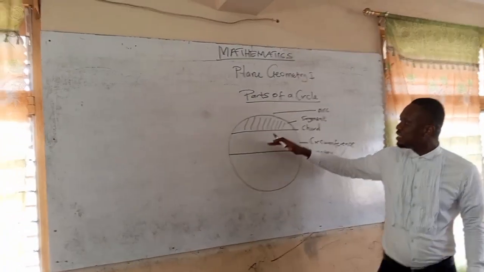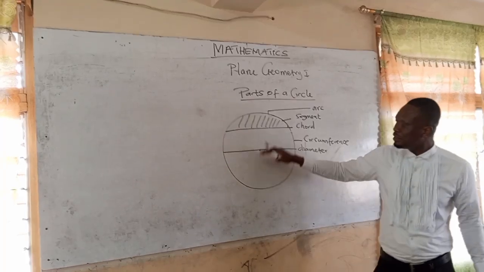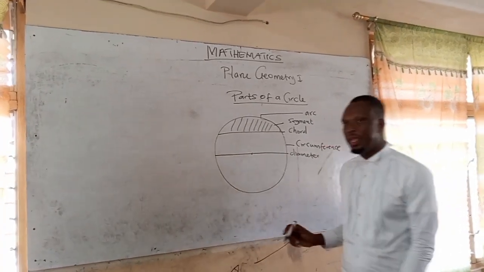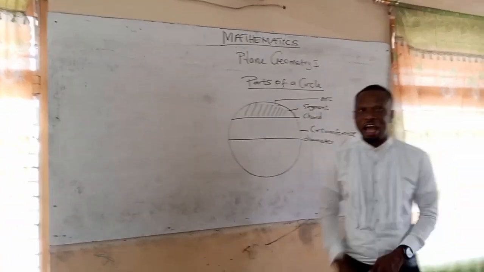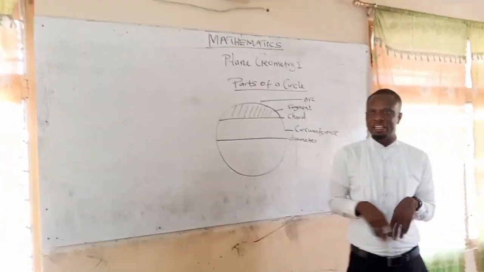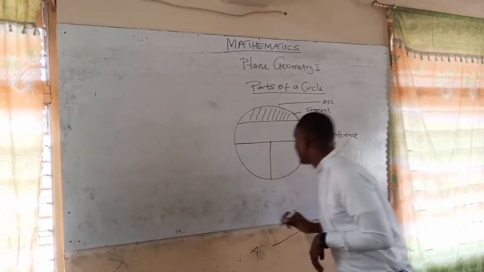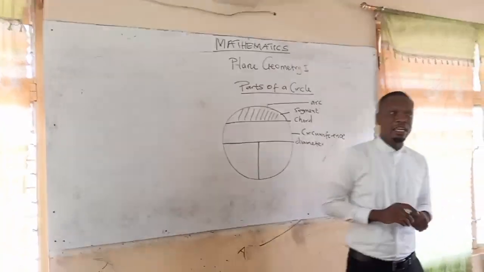It's like dividing the circle into two equal parts, each of which is a semicircle. Okay. Then, if I draw another line, this time from the center to the circumference of the circle, that line is known as a radius.